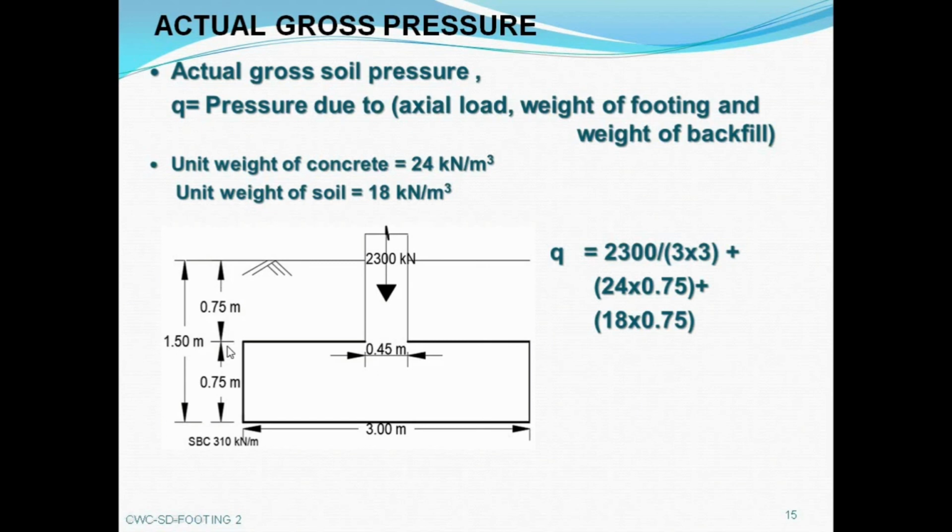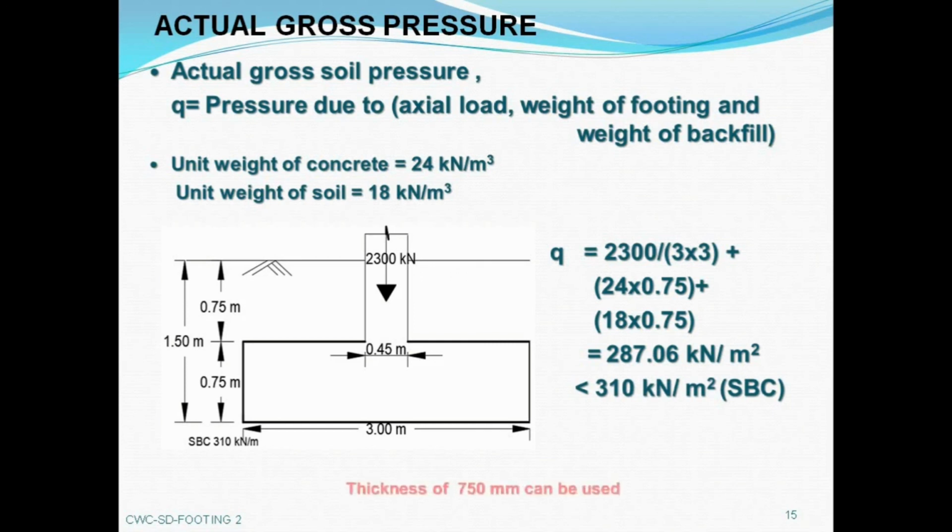Addition of all these three components together will give you the actual gross pressure of 287.06 kN per meter square, which is less than our safe bearing capacity of 310 kN per meter square. So, it is safe to use the thickness of 750 mm for our footing for this loading condition.